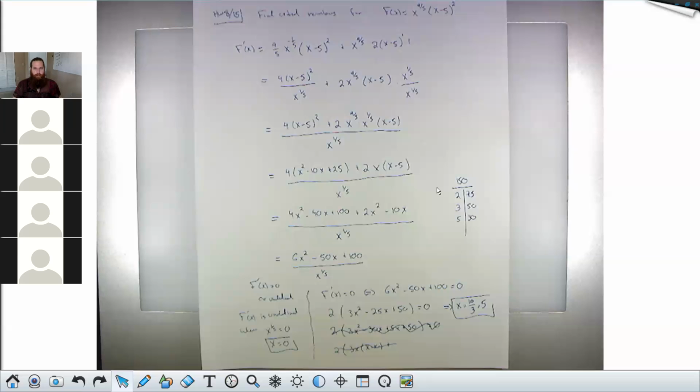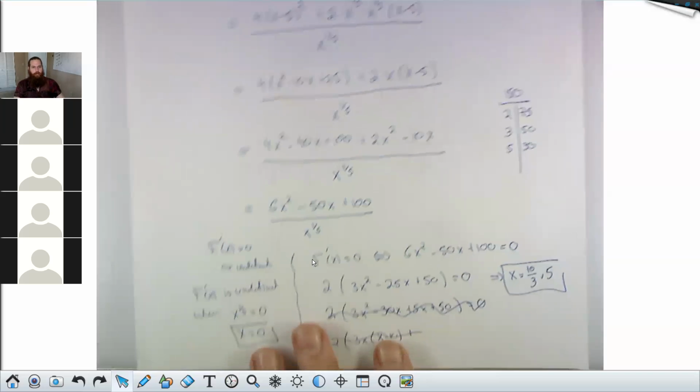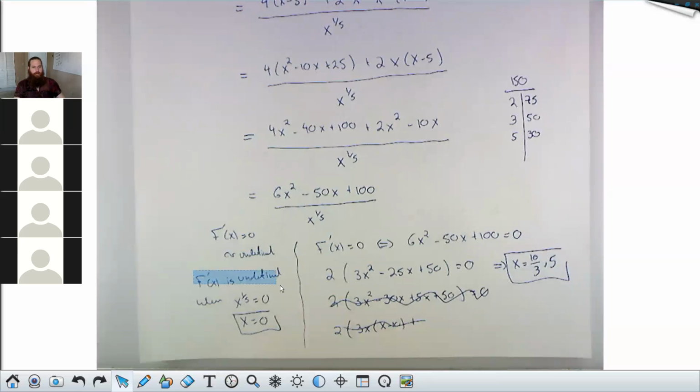Yes, that's x, bottom left, f prime of x is undefined when x to the 1/5 equals 0? Right. I set the bottom equal to 0 to find out where f prime is undefined. The bottom is x to the 1/5. So f prime will be undefined if its denominator is equal to 0.